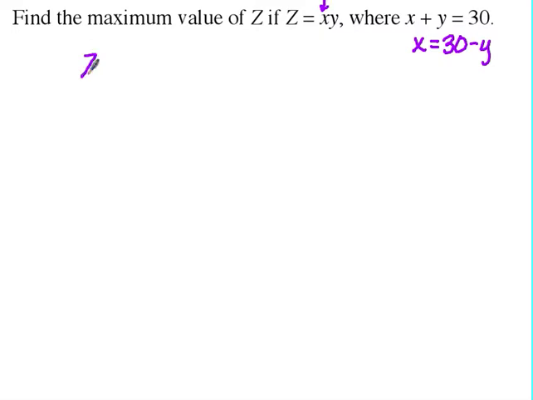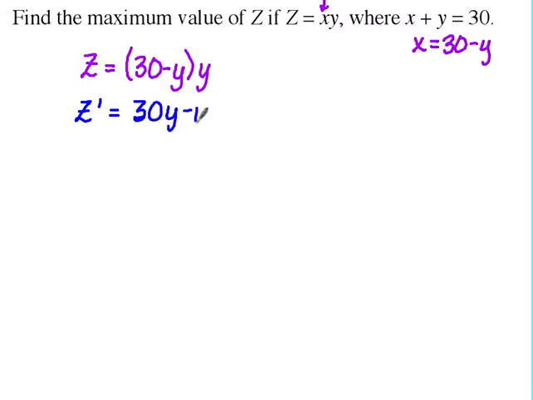So z equals 30 minus y times y. Let's simplify that. What does that give me? Good job. 30y minus y squared.